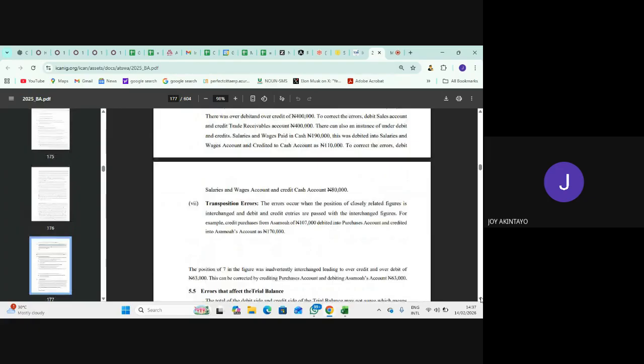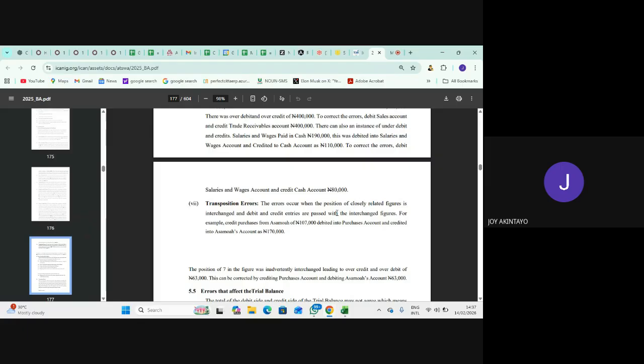Then transposition error. This occurs when the position of closely related figures is interchanged and the debit and credit entries are passed with the interchanged figures. For example, credit purchases from Asamao for 107,000 naira is debited in purchases account and credited in Asamao's account as 170,000 naira.